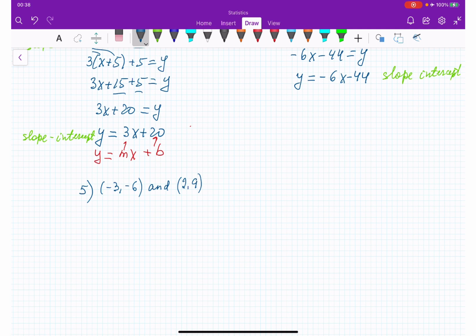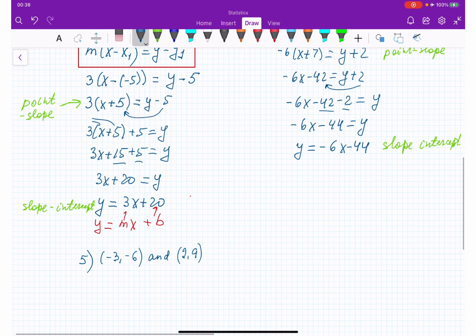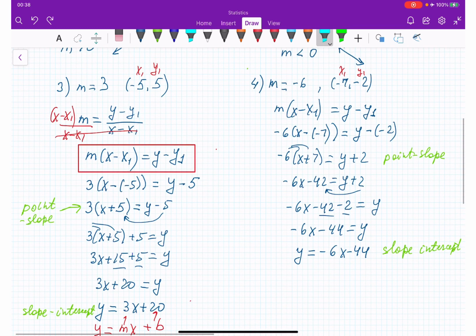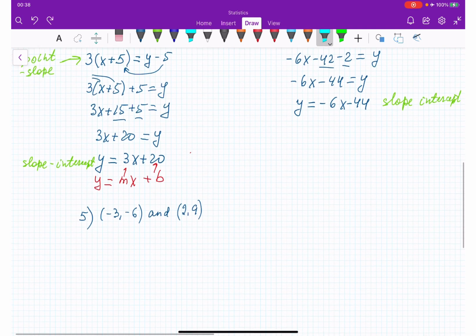Okay, so now given 2 points, I have to write down the same two forms that we have here. This form and this form, right? So the only difference, instead of slope and point, here we have 2 points, which is not a big deal, because given 2 points, we know how to find slope, correct?